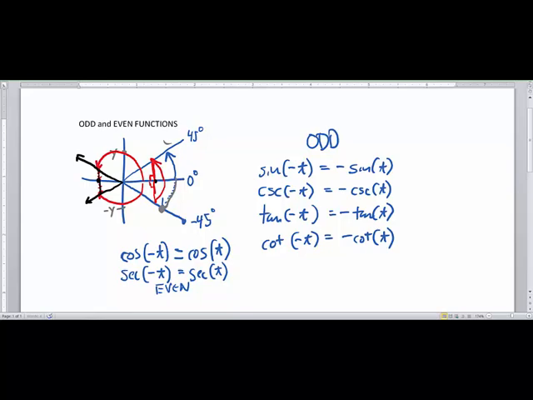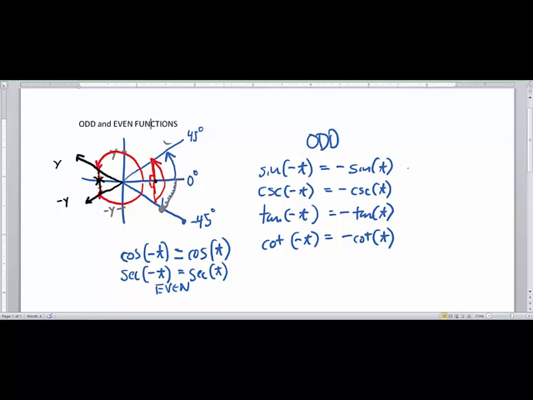Now the y values are not the same. You'll see this is going to be a positive y and a negative y, but this x value right here is the same. That's why the rotation doesn't matter for your cosine and secant, because cosine is mapped to the x, and secant is mapped to the 1 over x.